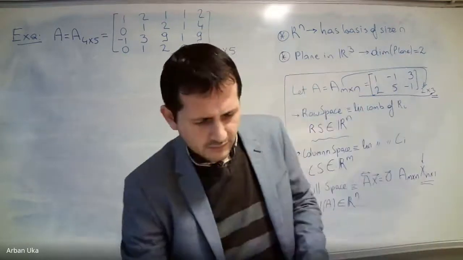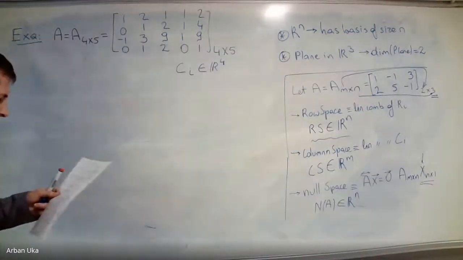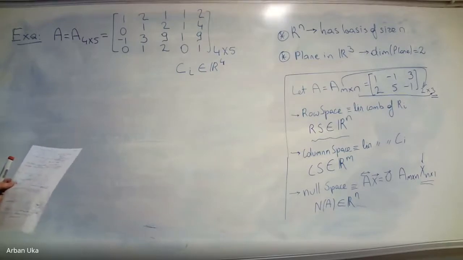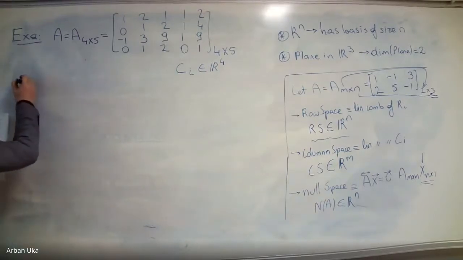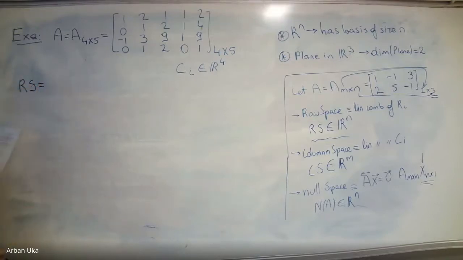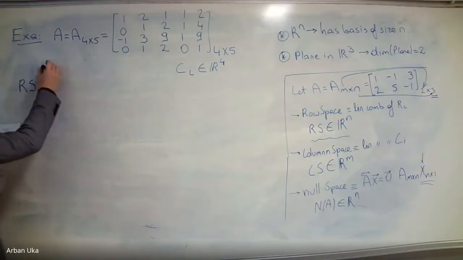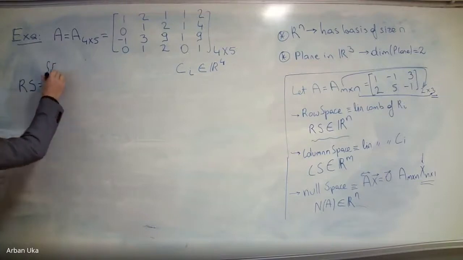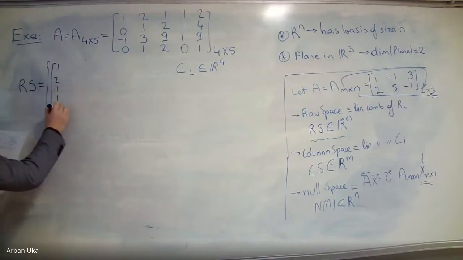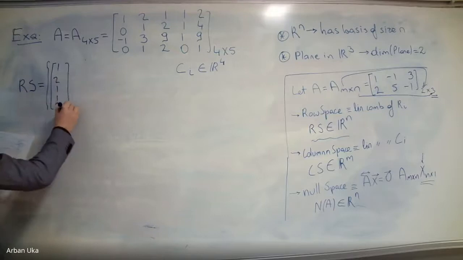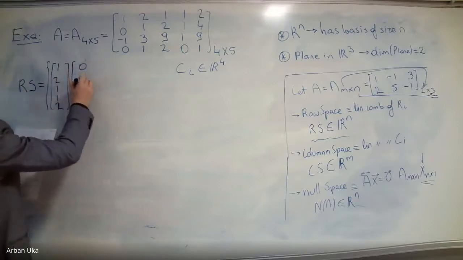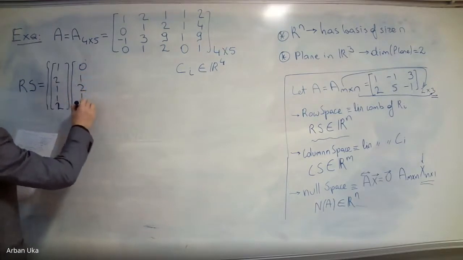But now, let's move ahead, and see what we do regarding the row space and the column space. First of all, the row space is equal to the linear combinations of the 4 rows. We write it like this. The first row is 1, 2, 1, 1, 2. The second row is 0, 1, 2, 1, 4.